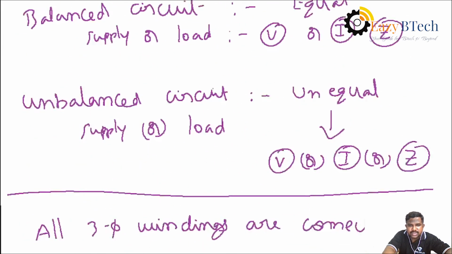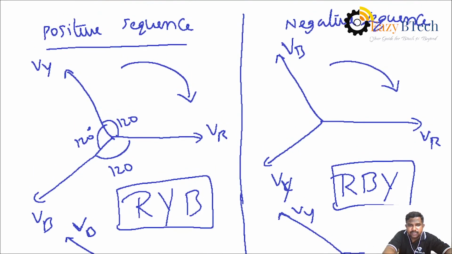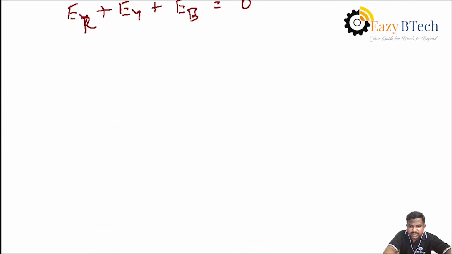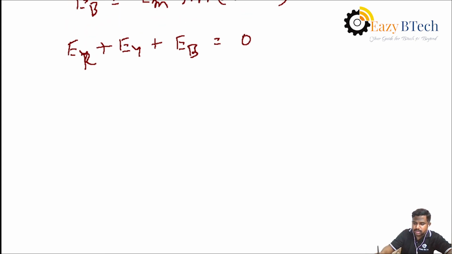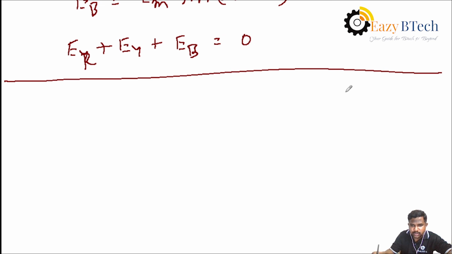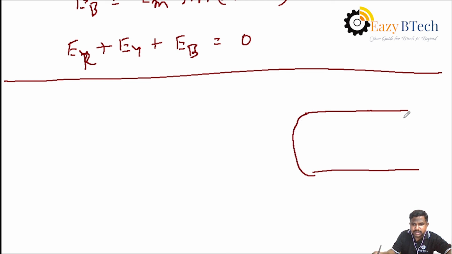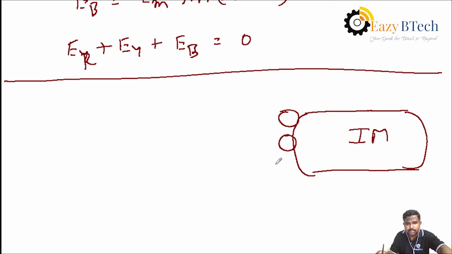The very important concept in three phase circuits is phase sequence. Suppose this is an induction motor, then it has three winding connections, which I am showing with colors.